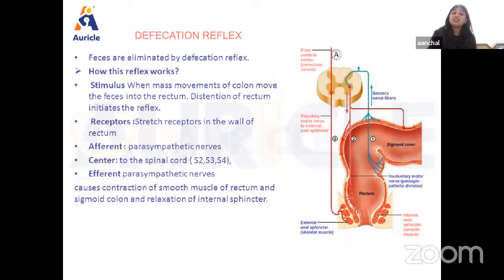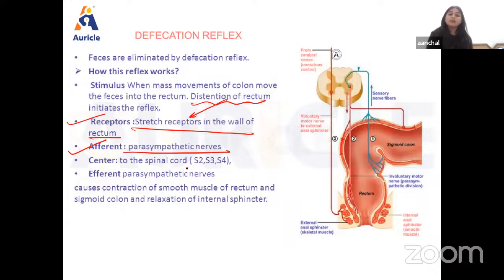Basically, there are some receptors in the wall of the rectum, and whenever distension of the rectum occurs, these receptors get activated. Now afferent impulses travel through parasympathetic nerves, and the center is the spinal cord, sacral part, that is S2, S3 and S4.